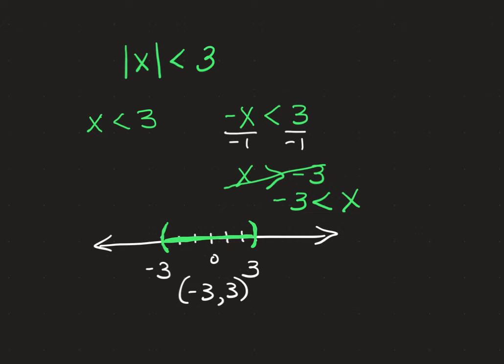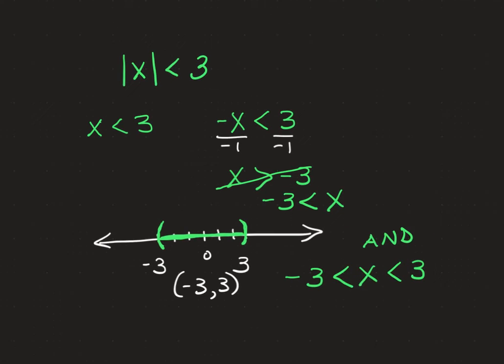So I can now combine the two. If negative 3 is less than x, and then from here, x is less than 3, I can write it in one compound inequality. Negative 3 is less than x, and x is less than 3. Once again, an and statement.